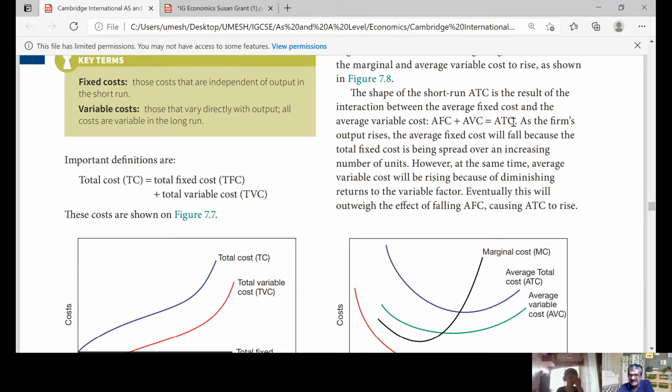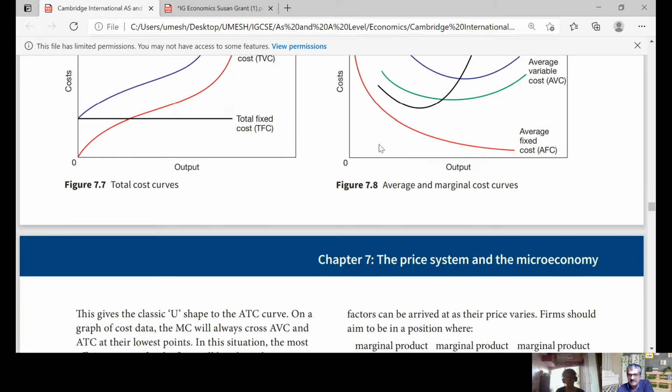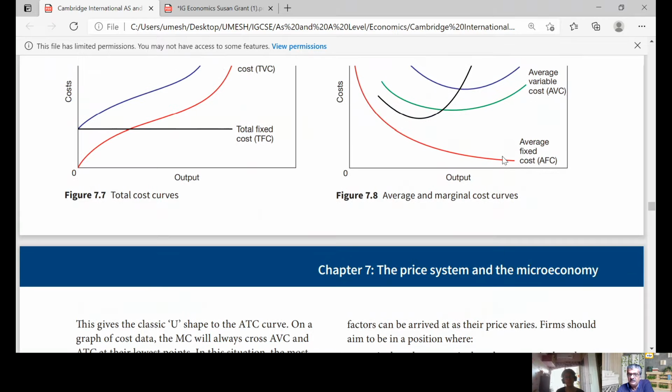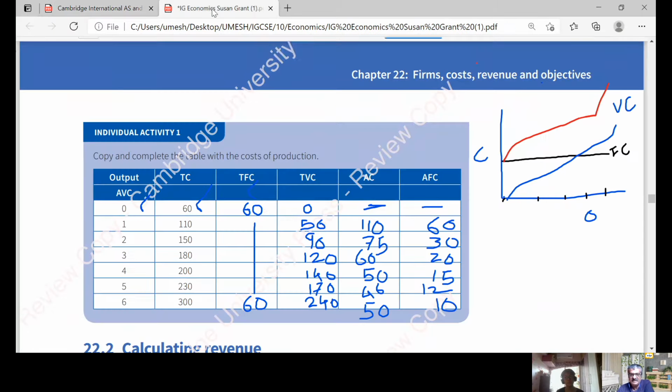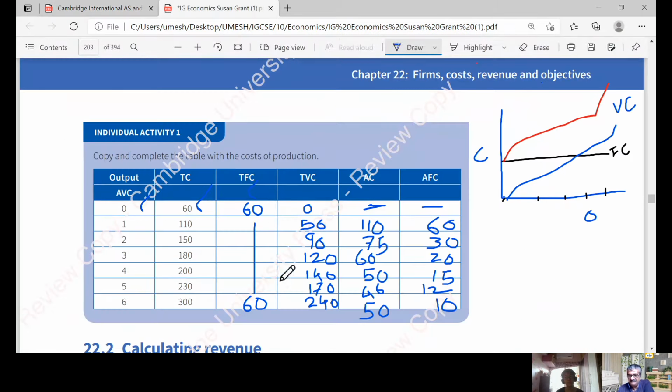Now understand, as the firm output rises, here you are increasing the output on the x-axis. As the output rises, total fixed cost is being spread over an increasing number of units. Now, if you have seen here, total fixed cost is 60. Earlier, at output 0, it was 60 only.